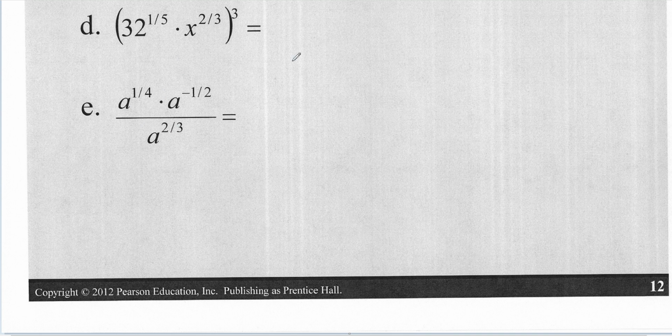So let's see, using the product rule, I've got a to the 1/4 times a to the negative 1/2. So I add these together, which is the same as 1 over 4 minus 1 over 2. Okay, so that's going to give me 8, and 2 minus 4 as I cross multiply, if you're wondering how I'm doing this. This is negative 2 over 8, which simplifies to negative 1 over 4.